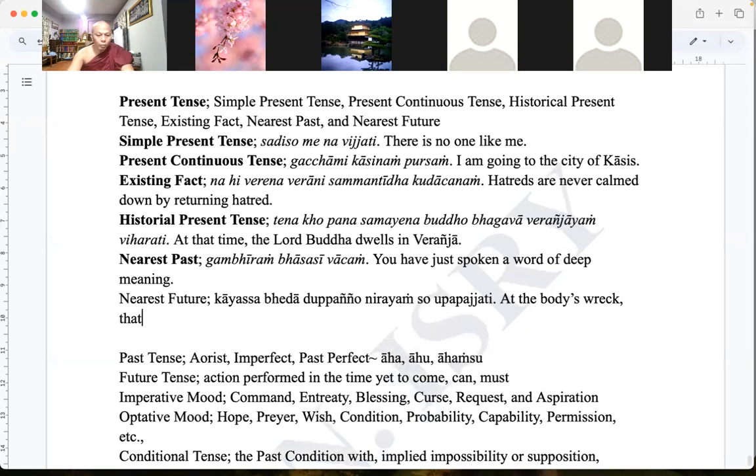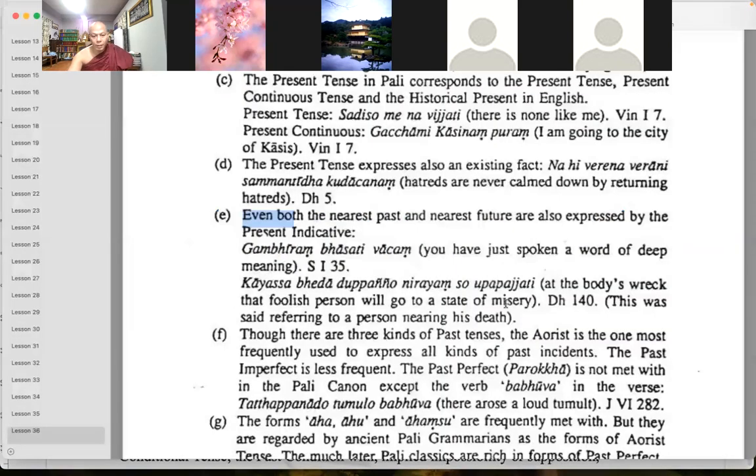So that foolish person will be reborn in a woeful state, in a state of misery. So he will go to the state of misery.